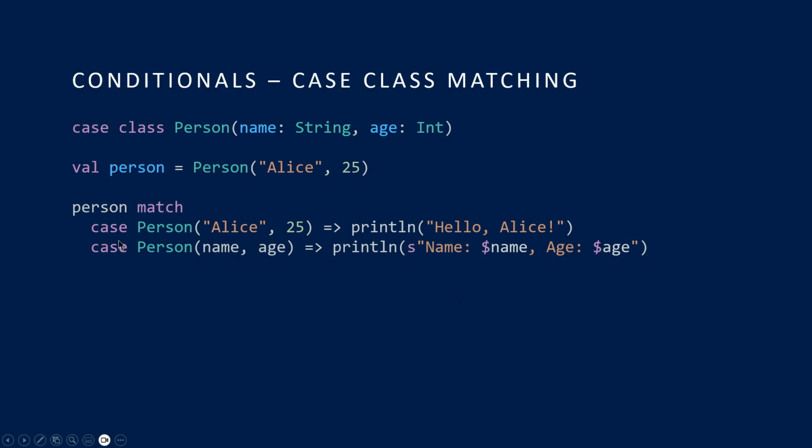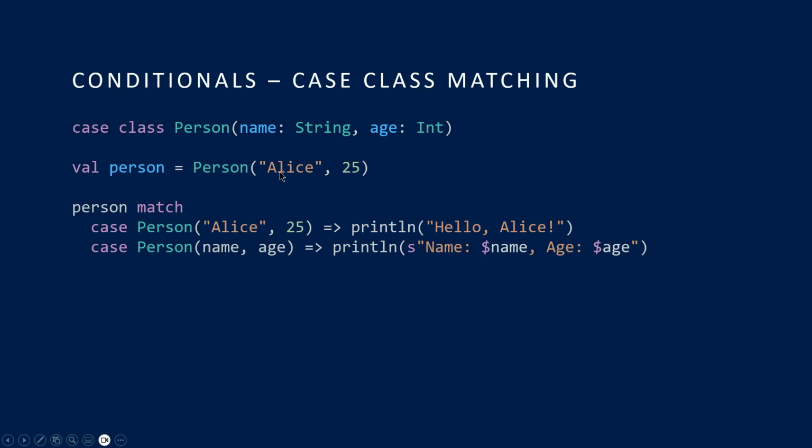And here I can do a match on a particular case. So I can say, is it this case here? Does the person match this? Well, yeah, clearly it will. If so, I'll print this out.